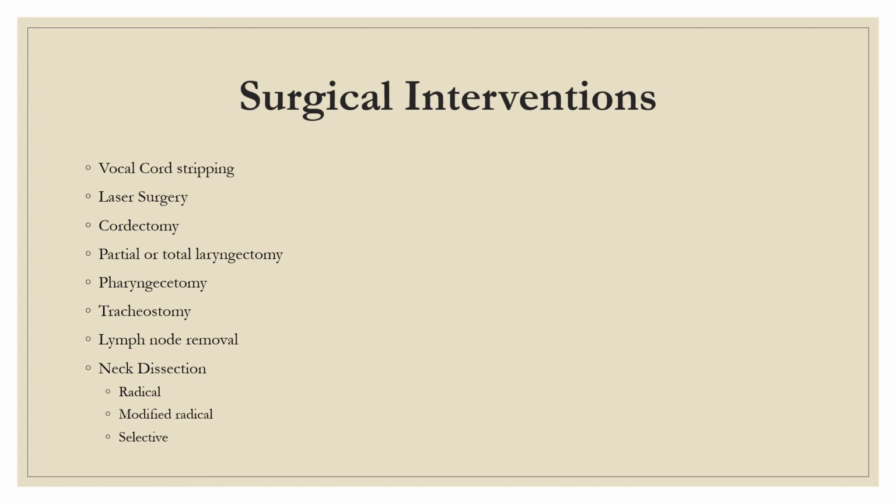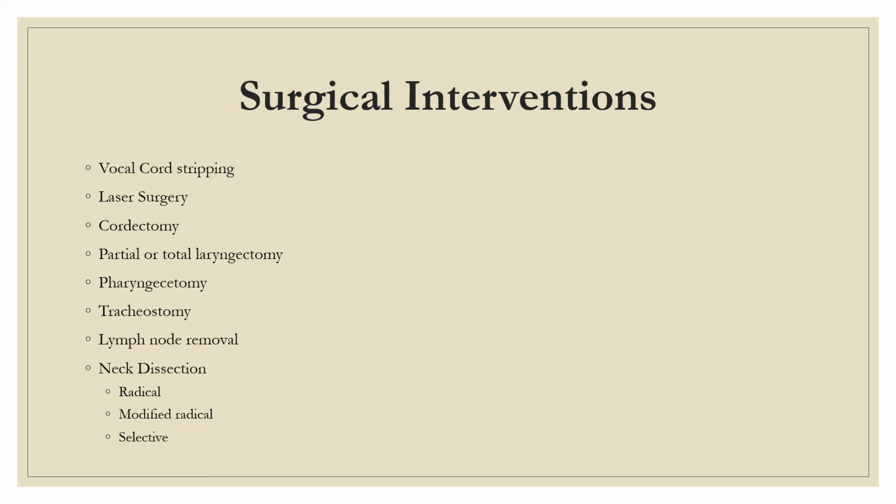Then we're talking about a partial or total laryngectomy. So this can be removal of part or the whole larynx, and we're talking about the voice box. And unfortunately, with this, voice production will not be possible with partial or whole removal. Then we talk about pharyngectomy, and that's removal of part or all of the throat itself.